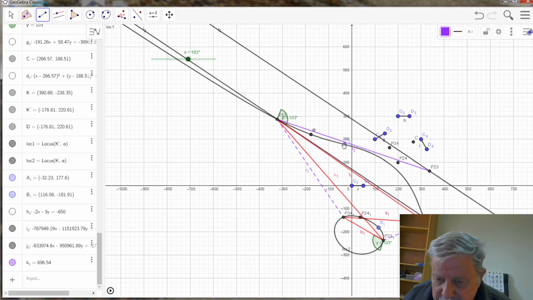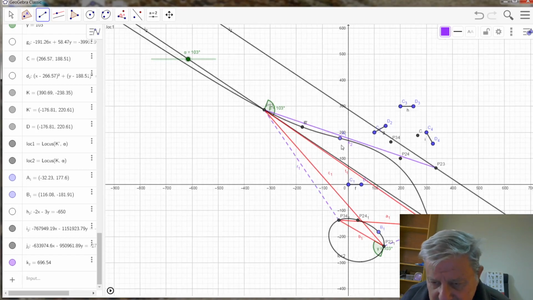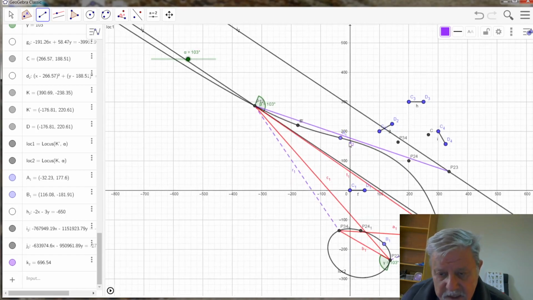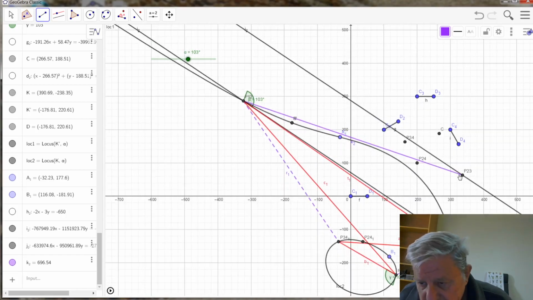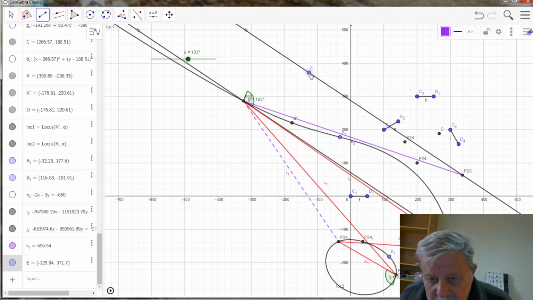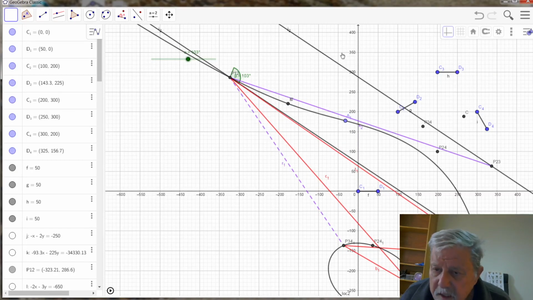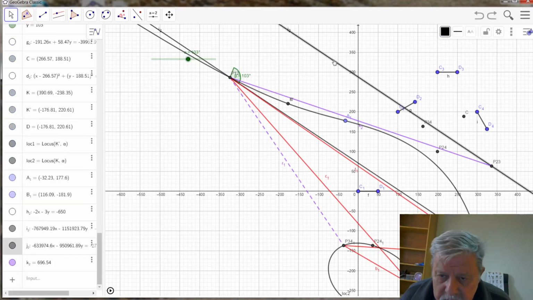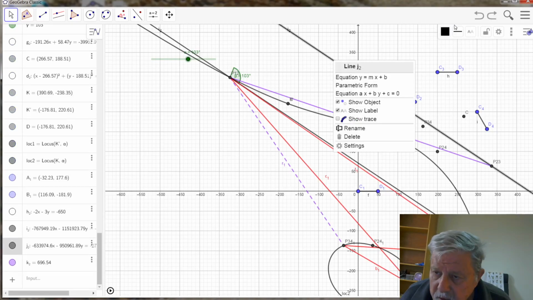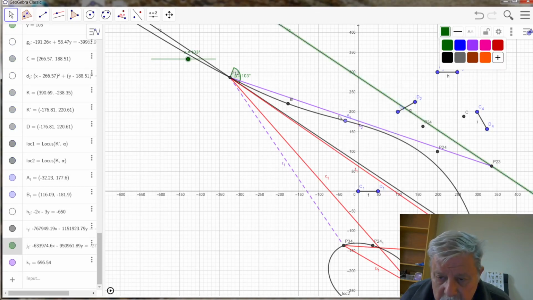Now, I have selected, this is my pole triangle. That is point B, A1 that I have selected. This is side 2 of the pole triangle. I'll color this, this time I'll use green.